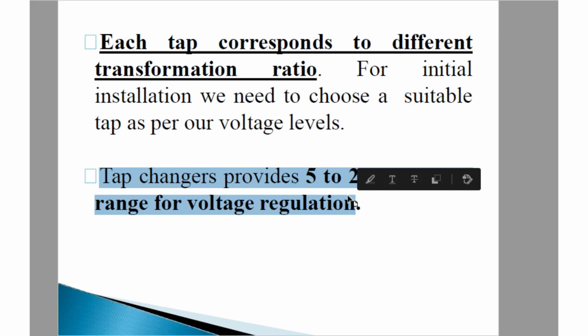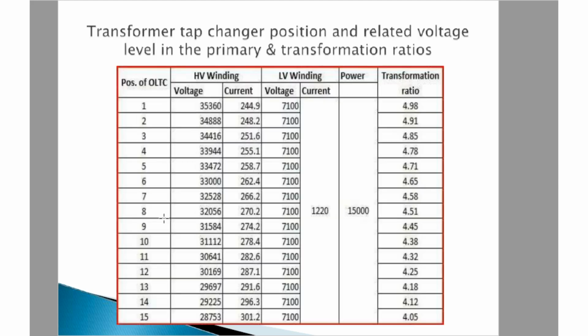You can consider that a voltage change of up to 5 to 20% is accepted with the help of the tap changer. Now you can consider here also the transformer tap changer position and related voltage level in the primary and the transformation ratio.